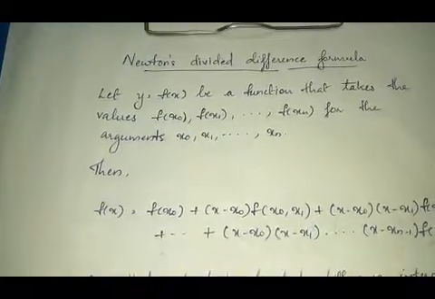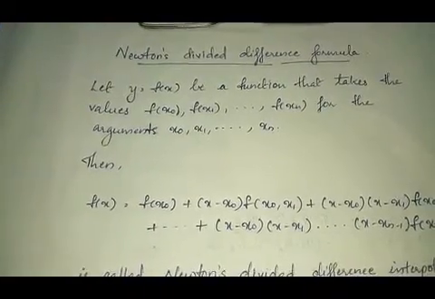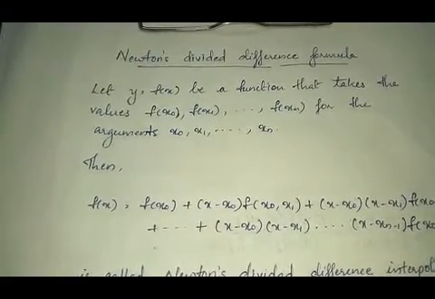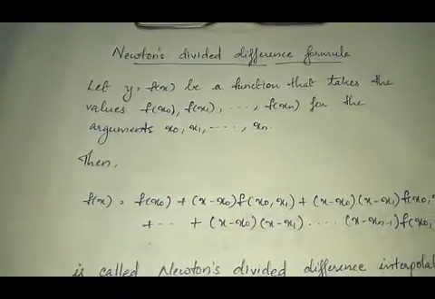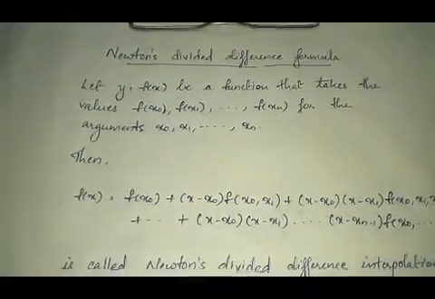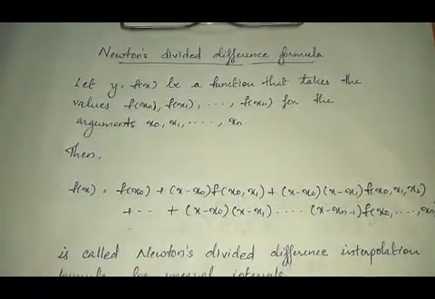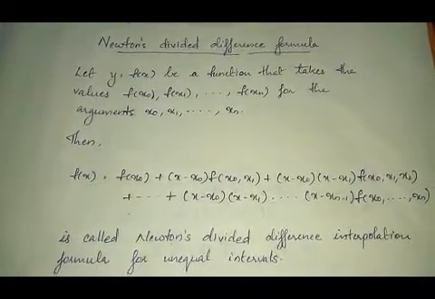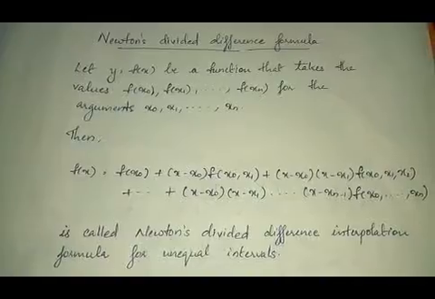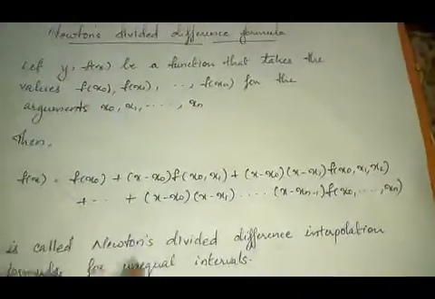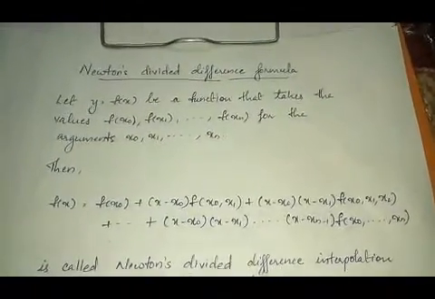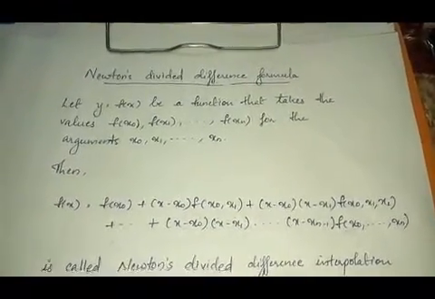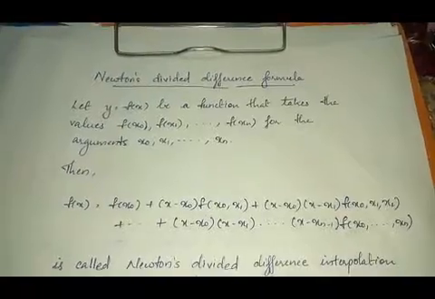Then f of x is equal to f of x0 plus x minus x0 into f of x0, x1 plus x minus x0 into x minus x1 into f of x0, x1, x2, etc. till the last term x minus x0 into x minus x1, etc. till x minus xn minus 1 into f of x0, x1, etc. till xn. This is called Newton's divided difference formula.